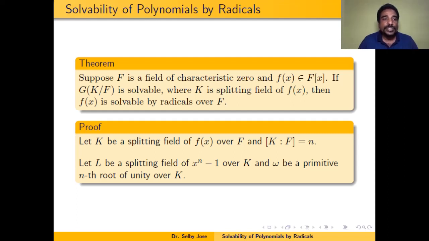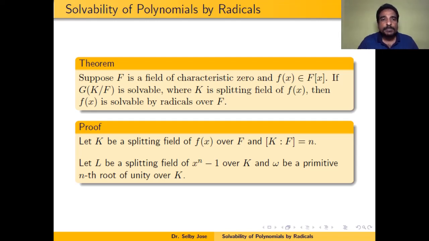That means you want to show that all the roots of f(x) are in the top of a radical extension. So if the Galois group of a polynomial is solvable, then that polynomial is solvable by radicals.